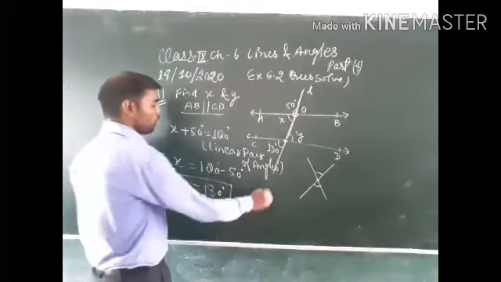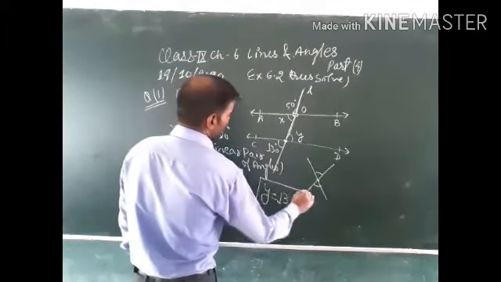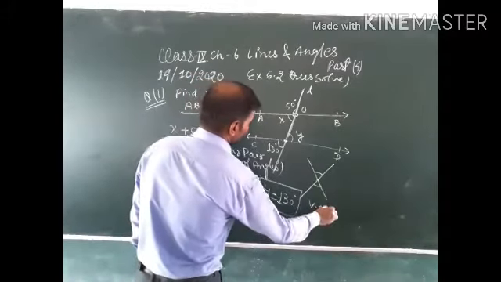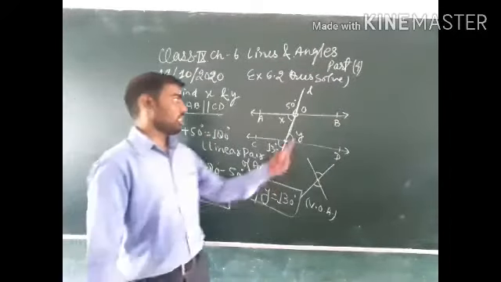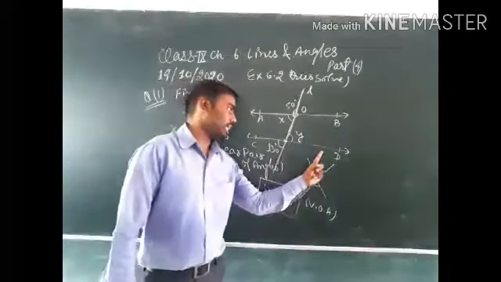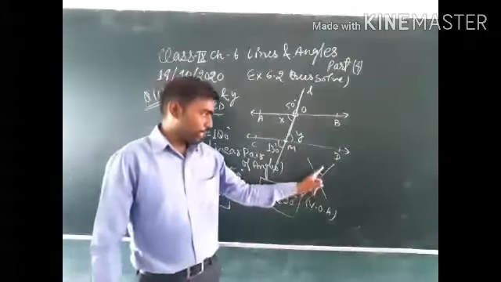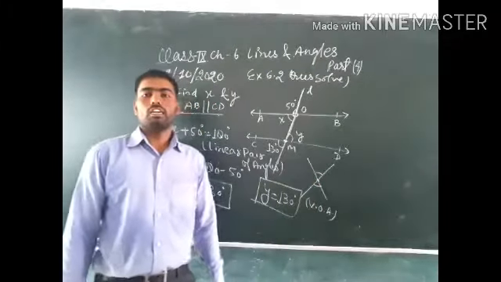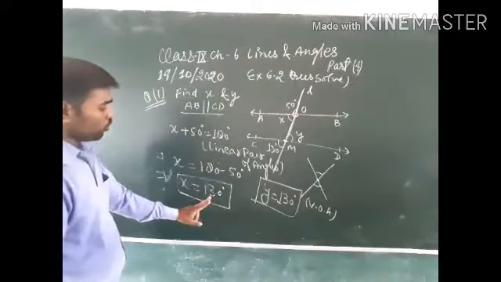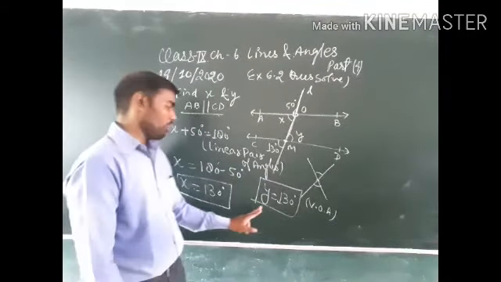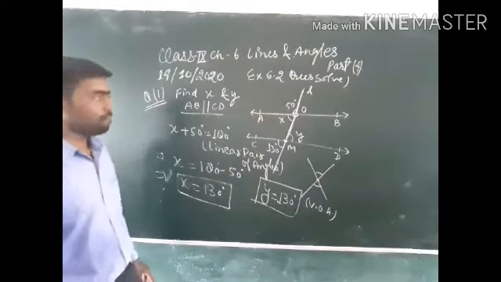Hence y is also equal to 130 degrees by vertically opposite angles, because line L and line CD intersect. So we find the value of x is equal to 130 degrees, and also the value of y is equal to 130 degrees. Now we show AB parallel CD.